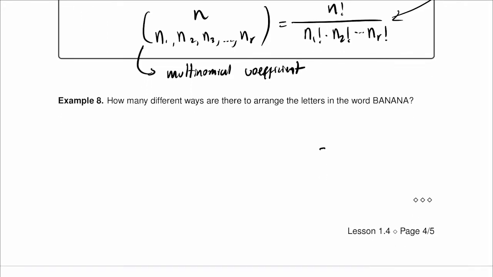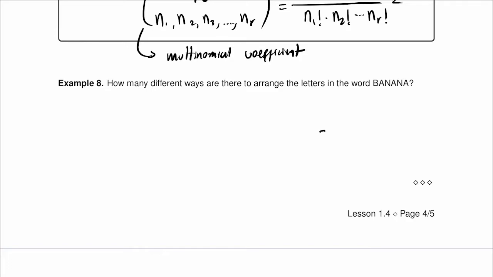Let's see this example. How many different ways are there to arrange the letters in the word banana? So if we solve the problem, we have 1 B, we have 3 letters A, and we have 2 N. So we can solve this using a partition, right?